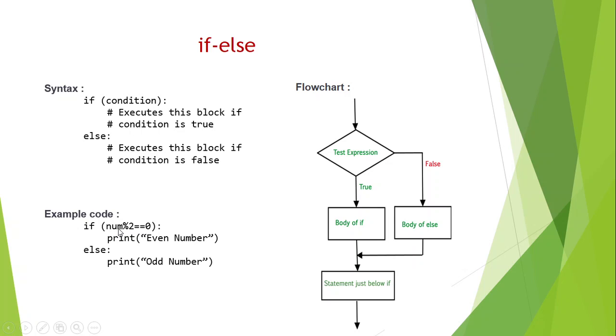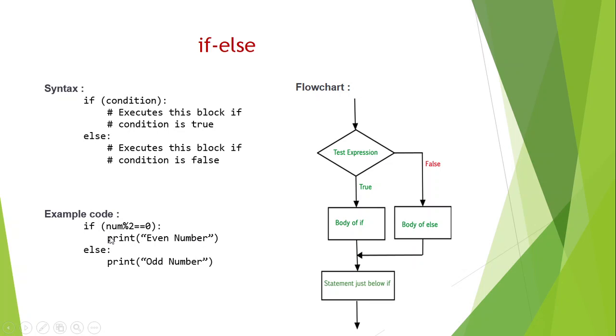For that we have written an expression over here, num % 2. This modulus operator will provide us the remainder, and if this remainder is equal to 0, then the number is divisible by 2. So if this condition is true, then the if block will be executed. The statement written inside the if block, which is print even number, will be printed.